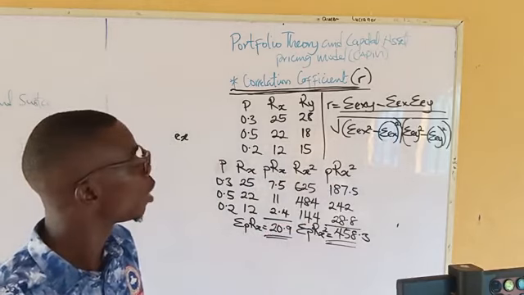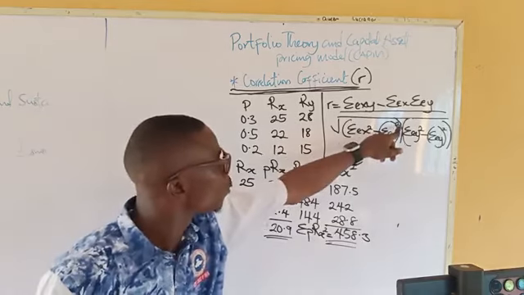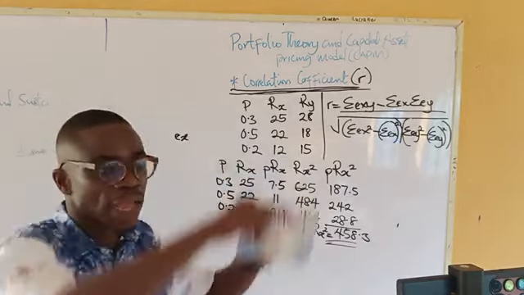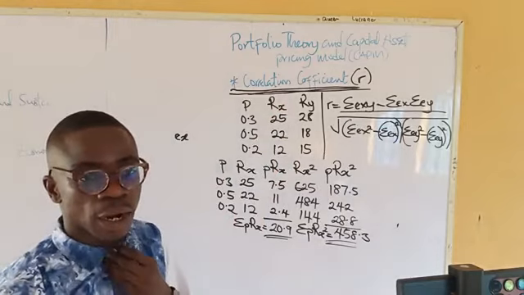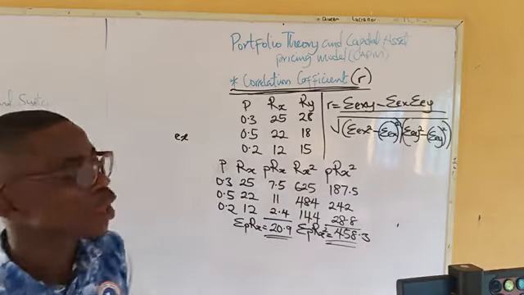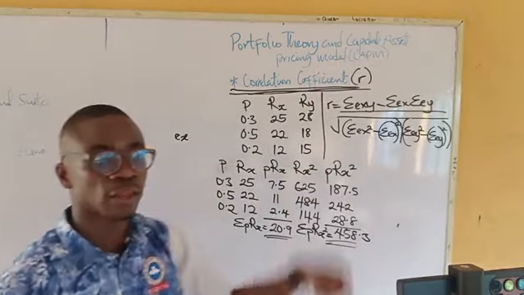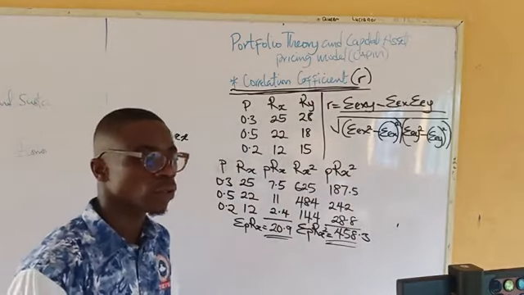It's in brackets. The square is outside now. Everything is squared, so whatever you find, I will still get the square.